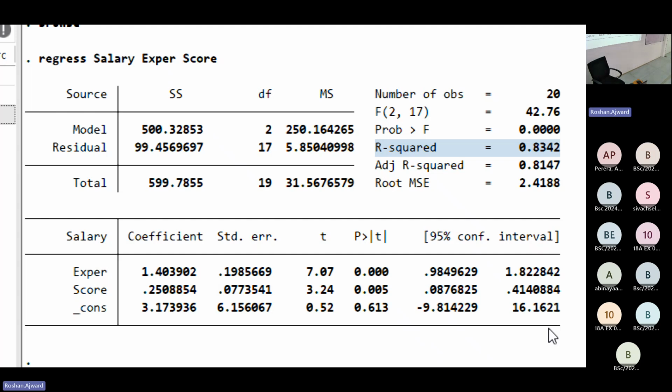F value is 42.76, and the significance value, the probability value, is 0.0000. Please note down those two things.